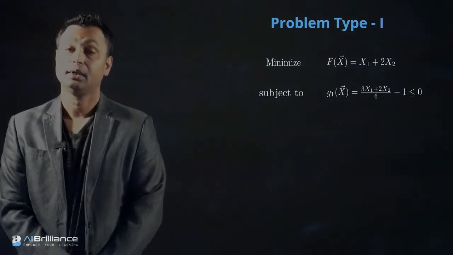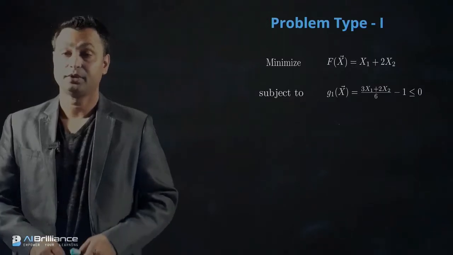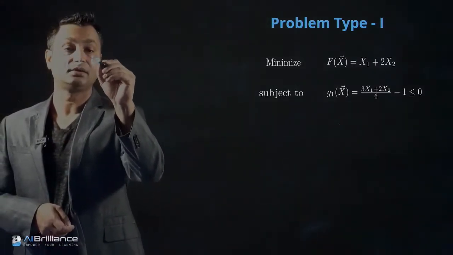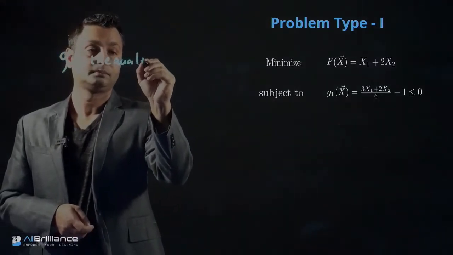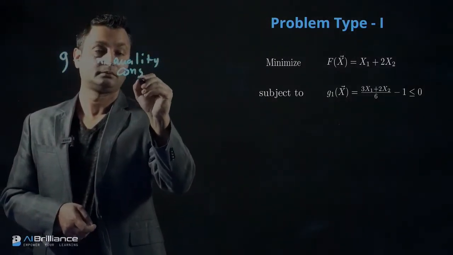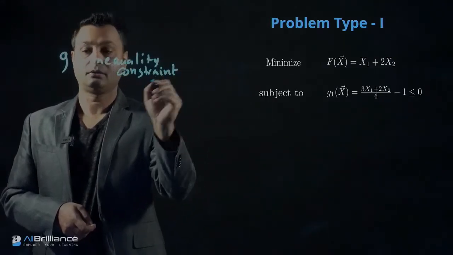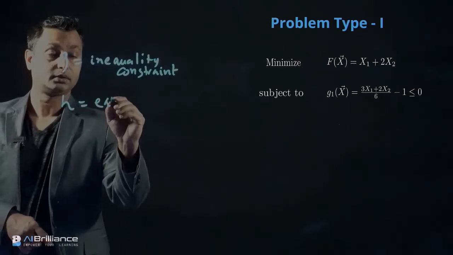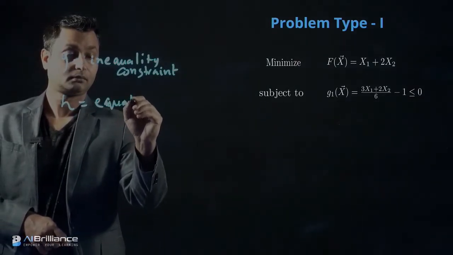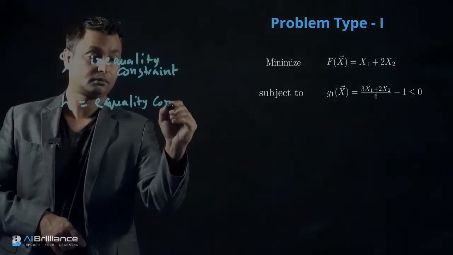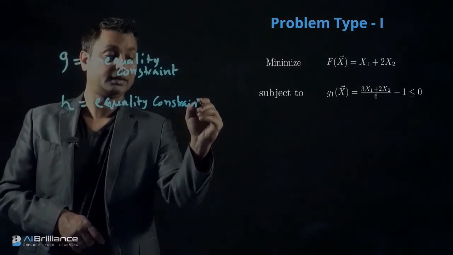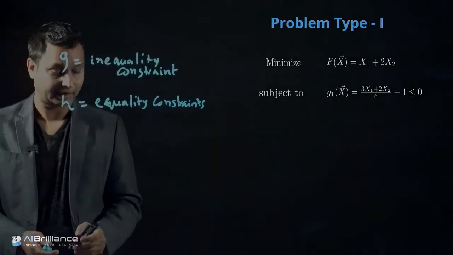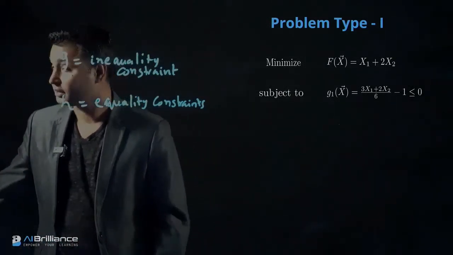Typically in an optimization problem, when you have g, and this is the typical notation, this means that this is an inequality constraint, and typically h is used to represent an equality constraint. That's why you see we have written G1, which means the first inequality constraint that we are handling, which is given by this equation here.